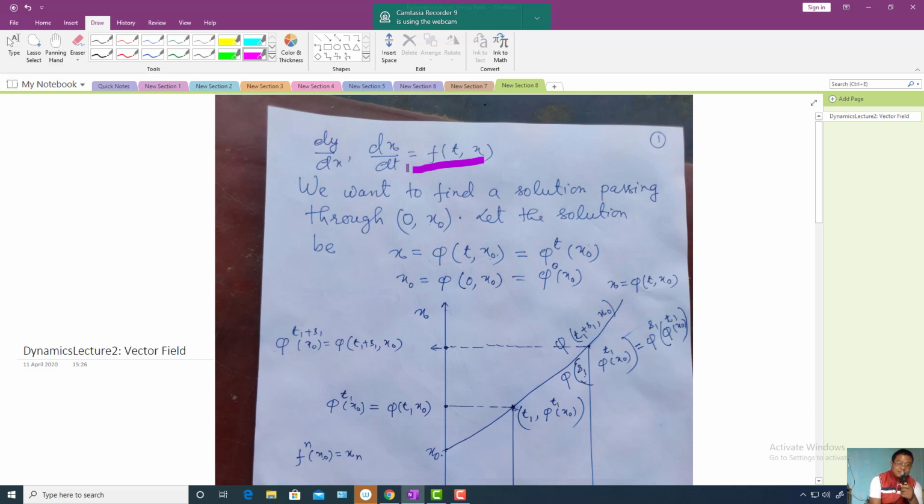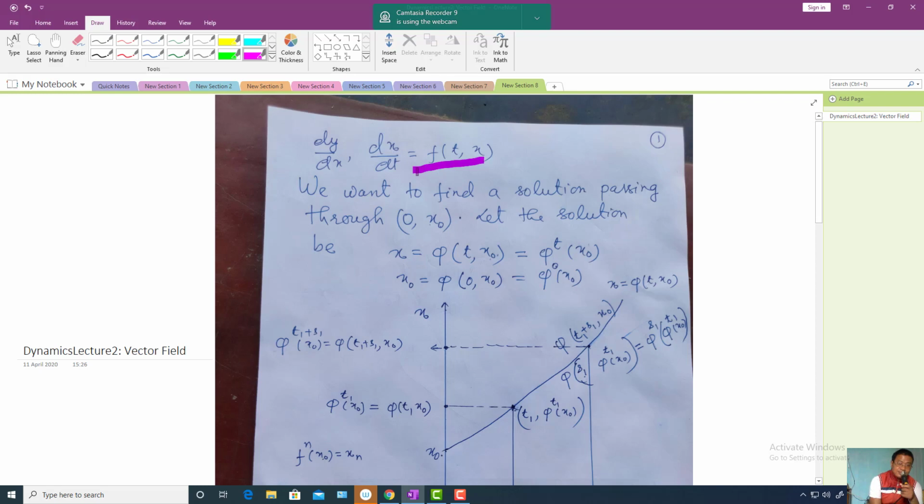Then at each point in the xt plane you can think of a direction field, the direction of the tangent to the curve at that point. If you find all the tangent vectors in the neighborhood, then you can roughly draw the curve.